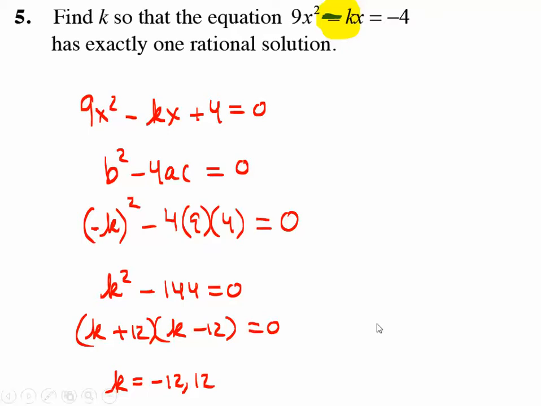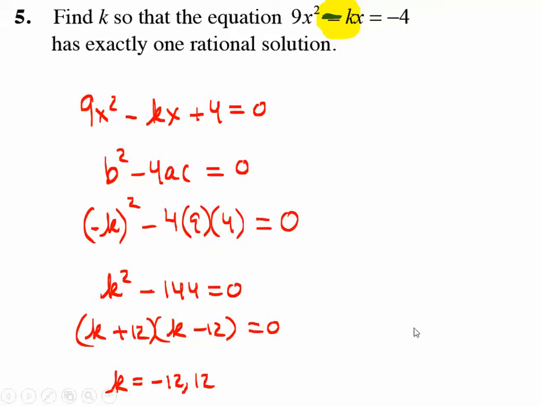What do you mean both will work? Let's talk about it in a second. Now, Nick, to answer your question, what does it actually mean to have one rational solution?